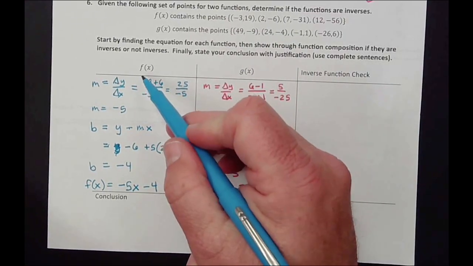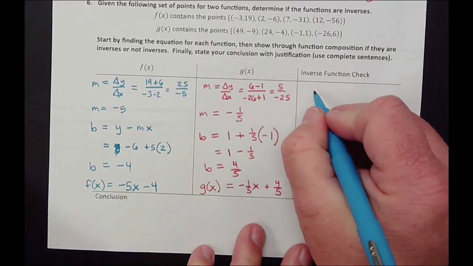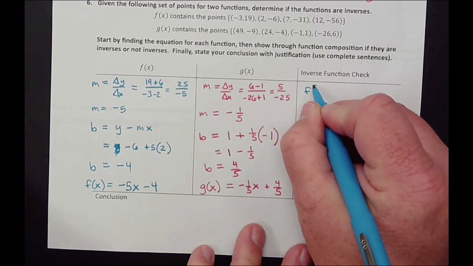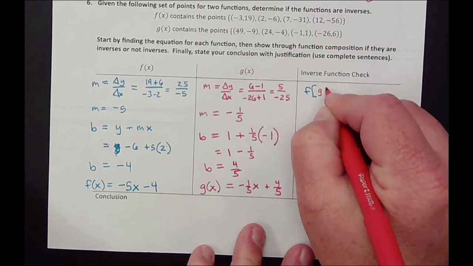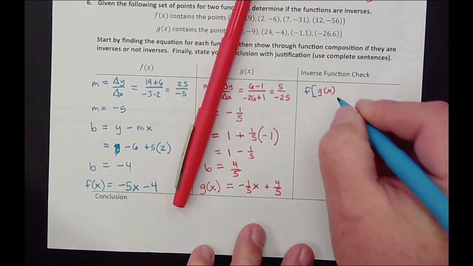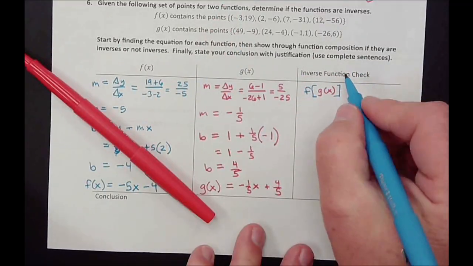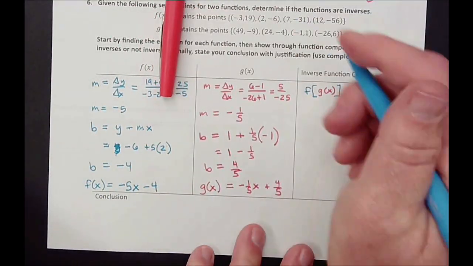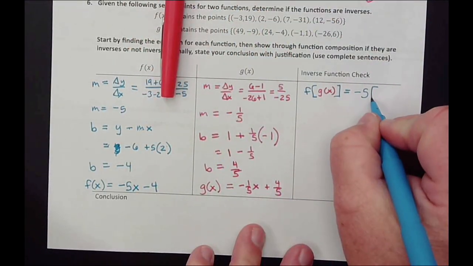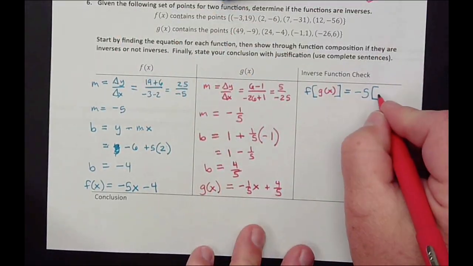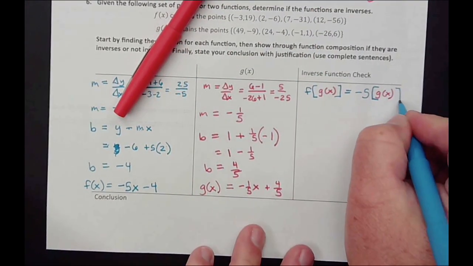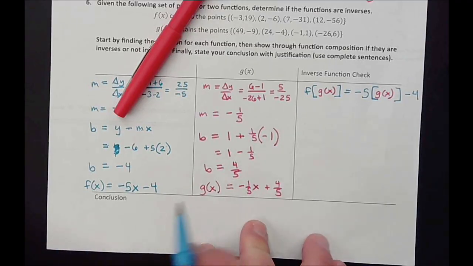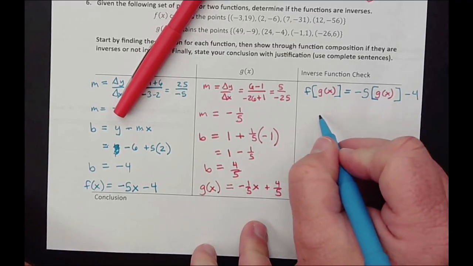And now all we got to do, if they are inverse functions, we just choose one to go. We can take the composition of f of g of x. As long as it returns x, then we do have inverse functions. So f of g of x equals, my f is -5 times x, which is now g of x, minus 4.